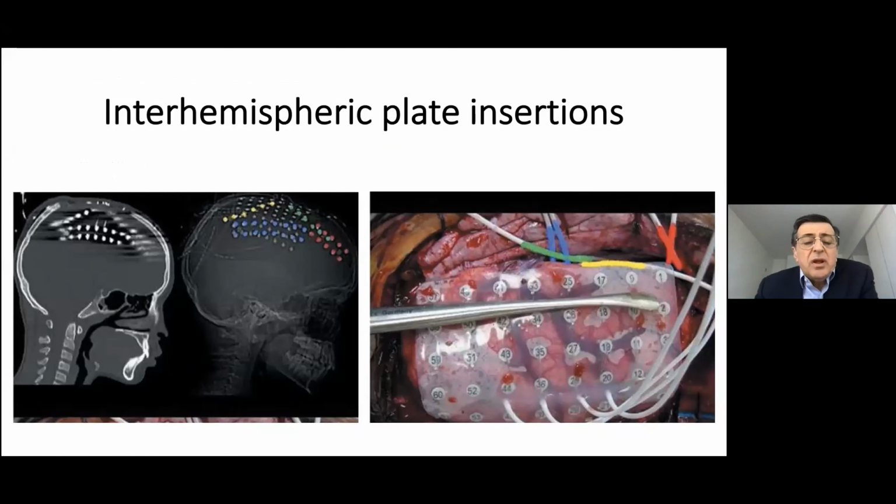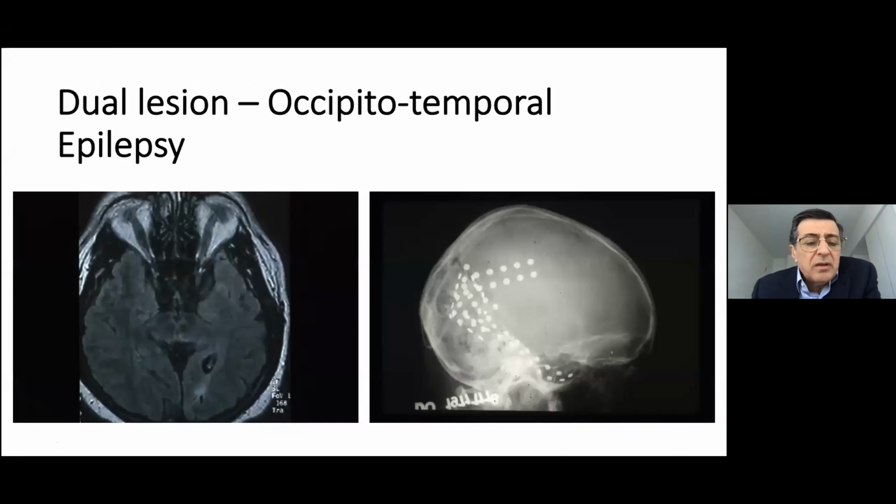And for the interhemispheric electrodes, we put the electrodes with direct visualization of the falx, but without touching any vein. And this applies also for the basal temporal lobe. We don't sacrifice any vein in the placement of the subdural electrodes.